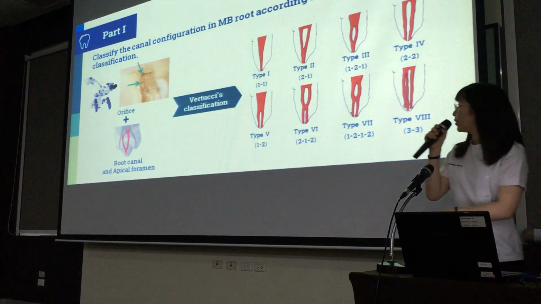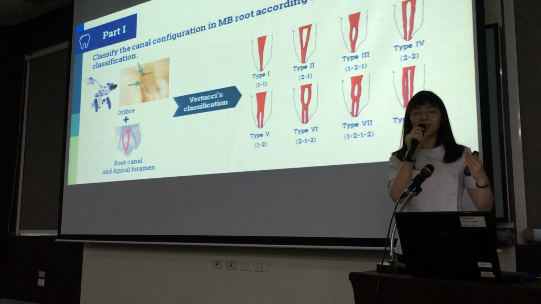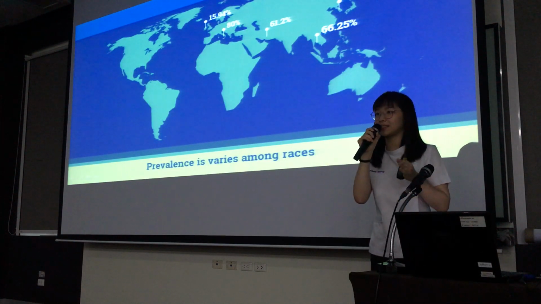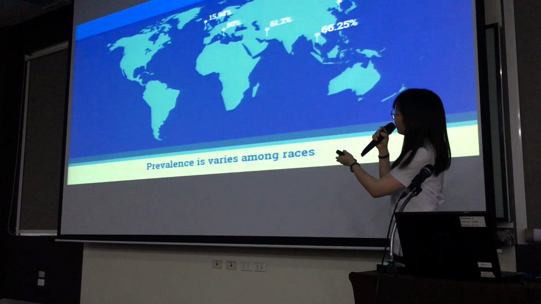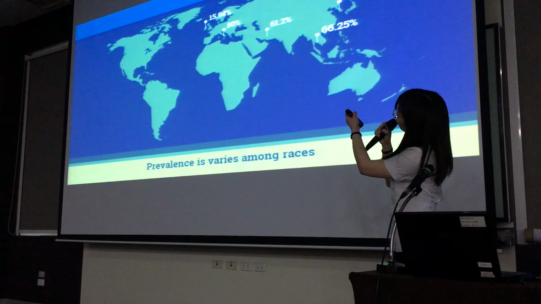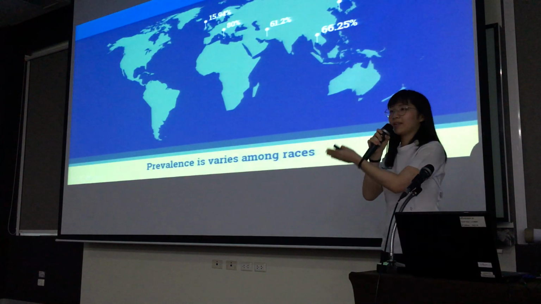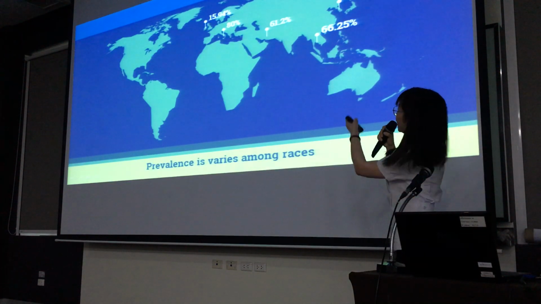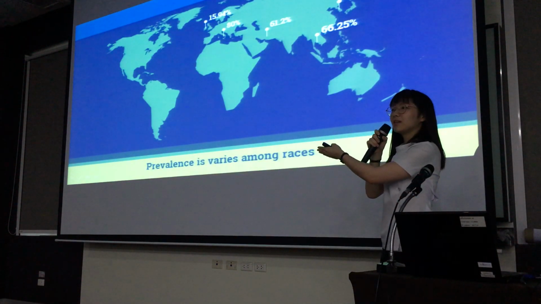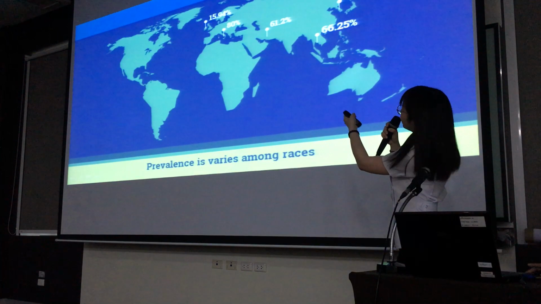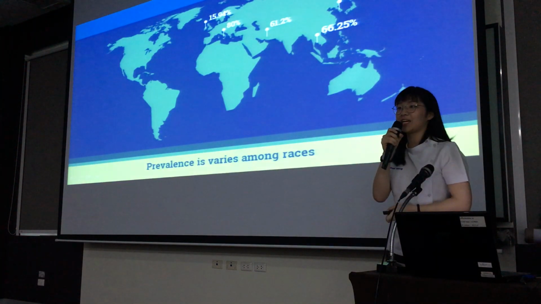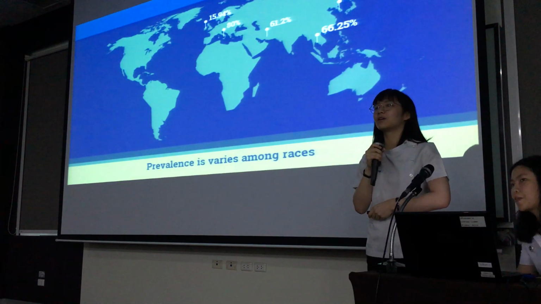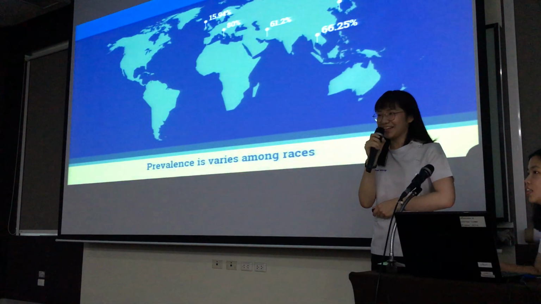It's different, because from the literature review we found many studies of MB2 in many races, and the prevalence of MB2 is different in different races, as shown in the world map, depending on the country. This means you should be more cautious when treating a patient in Korea, right? I think yes.